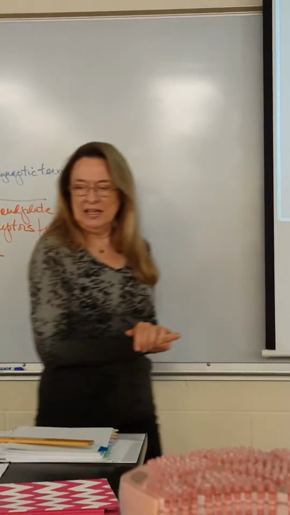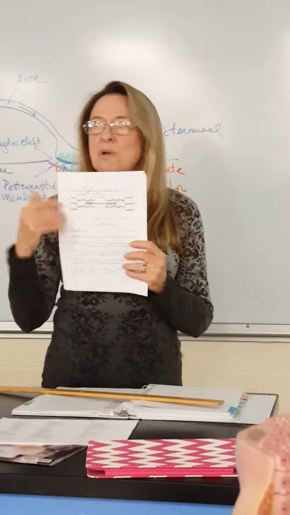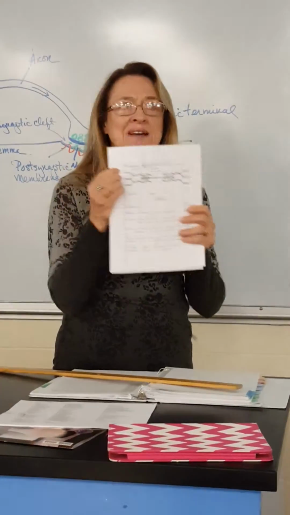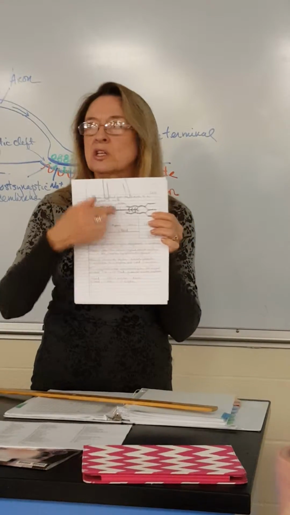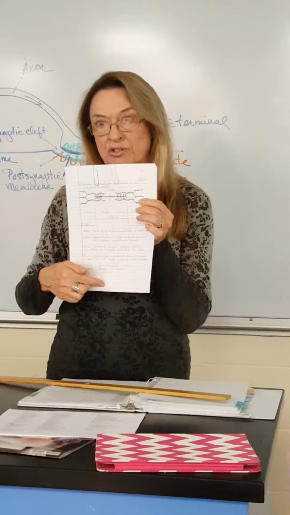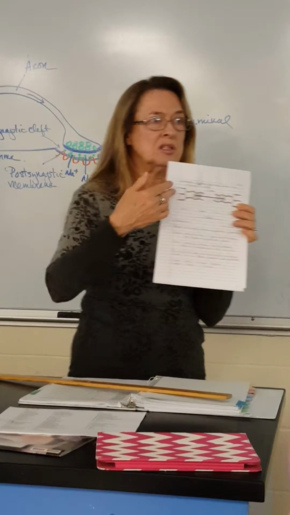All right. Now, I can discuss most of what we just discussed and apply it to this picture, can't I? You have it labeled. You also have descriptions of each of these features explained here. Did y'all color this?